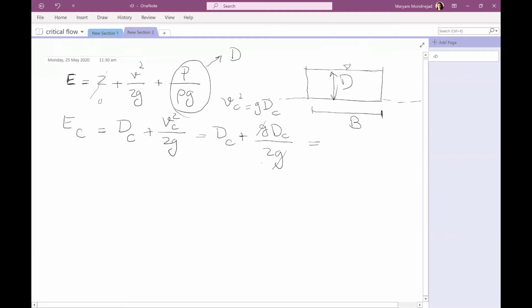So it will be 3 divided by 2 DC. Or we can write it as DC equals 2/3 of EC. So we will say that in a rectangular channel, critical depth equals 2/3 of critical specific energy.